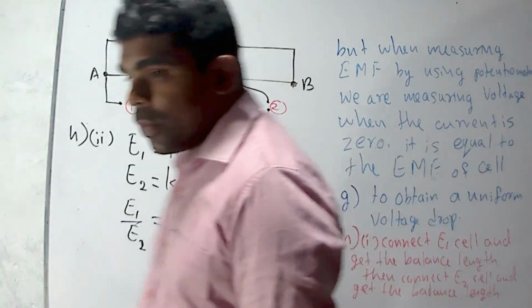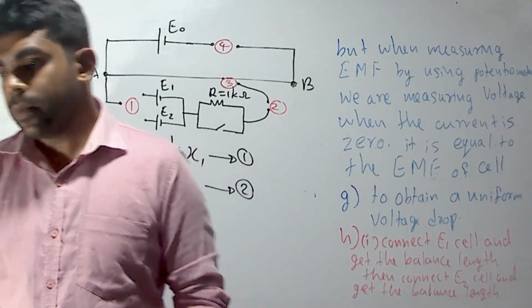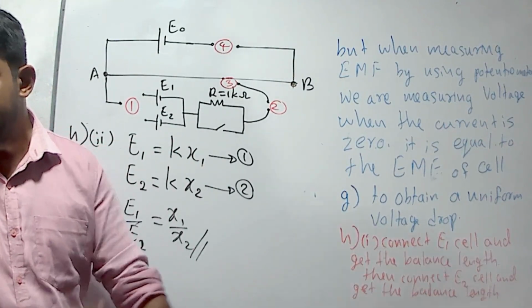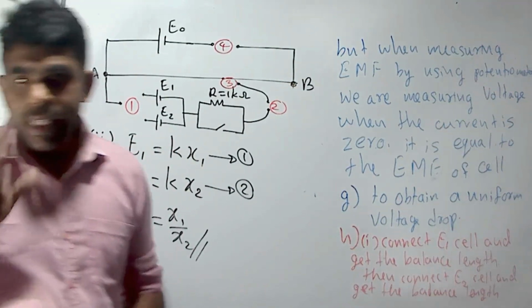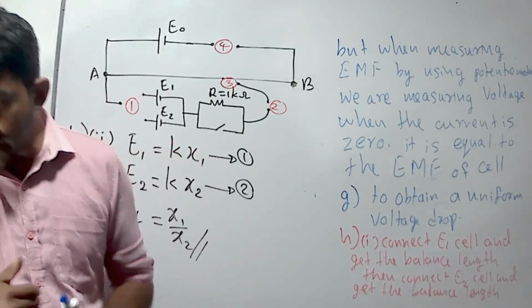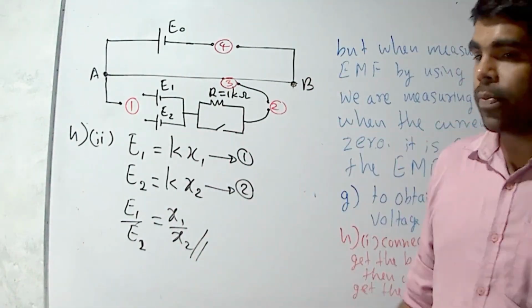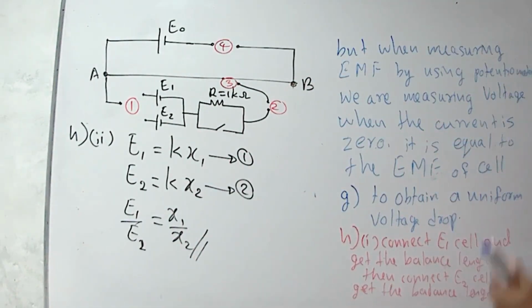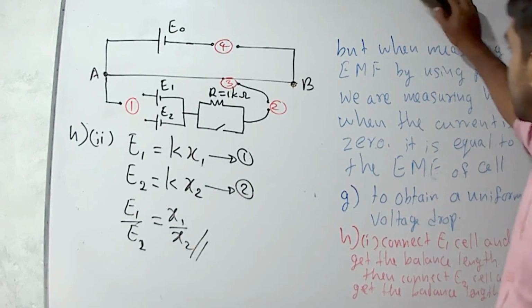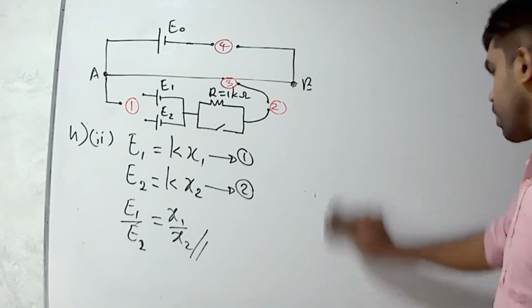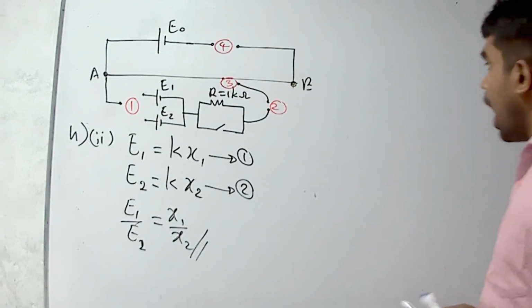He has to connect terminal B to each end B1, B2, B3 given in the figure, and measure the corresponding balance length. Then we can write: I part 1.